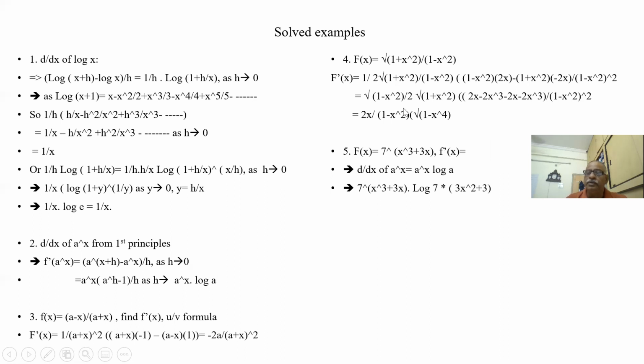So this is 2x into 2x by 1 minus x square. 1 minus x square is getting cancelled, 1 minus x square is left over. 1 plus x square, here 1 plus 1 minus x square.